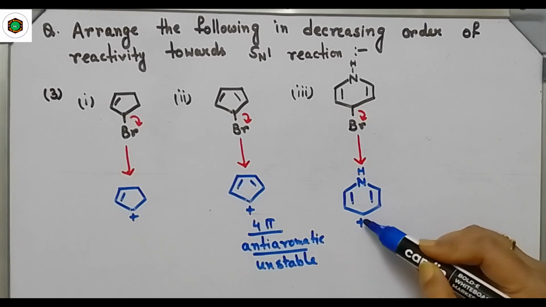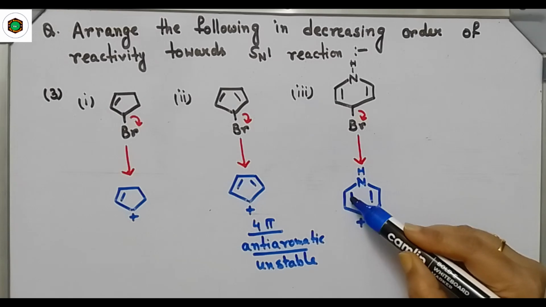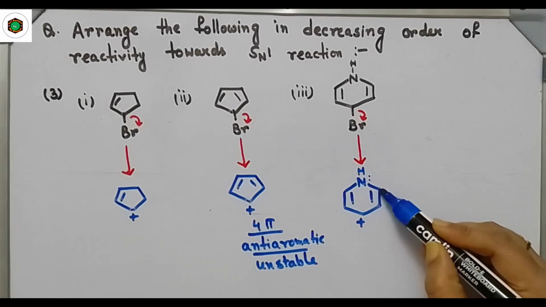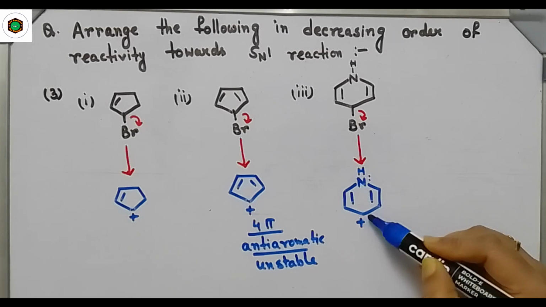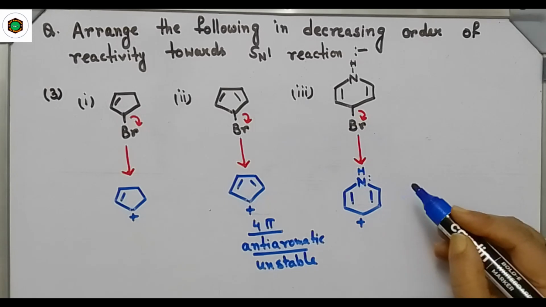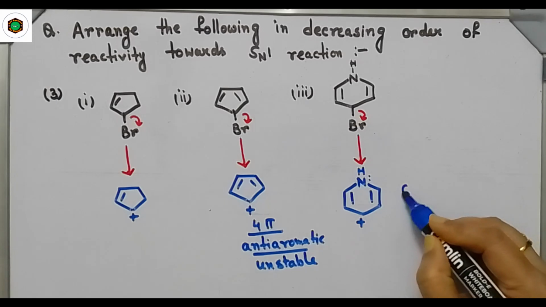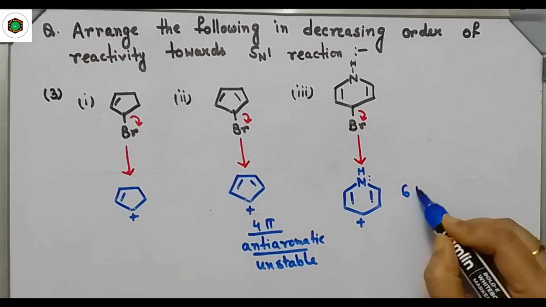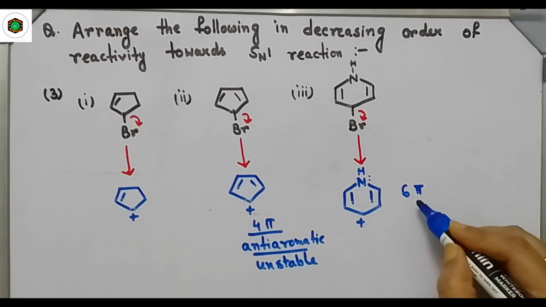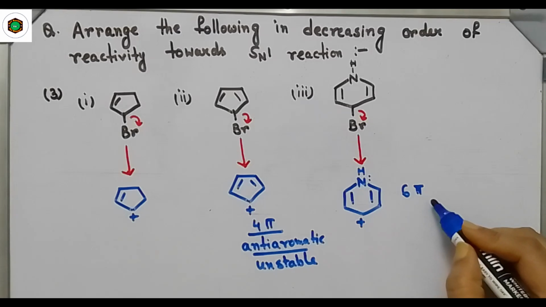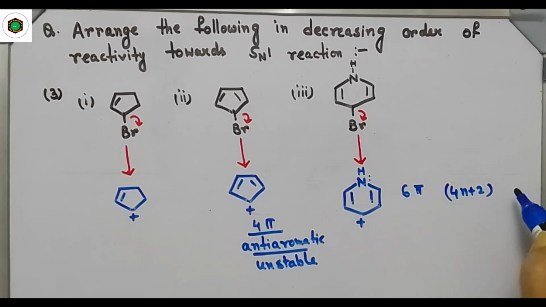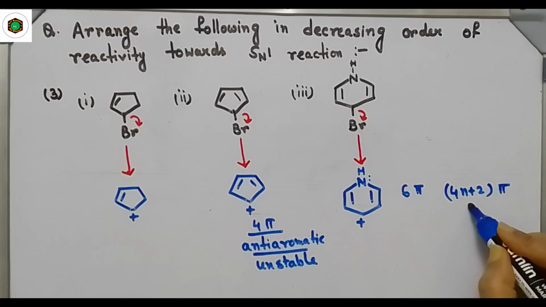And this carbocation: positive charge, single bond, double bond, single bond, lone pair on nitrogen, single bond, then double bond, then single bond, then positive charge. Fully conjugated system, cyclic, planar, and it is having 6 delocalized pi electrons. So it is cyclic, planar, having 6 delocalized pi electrons, which means it is having Huckel's number of pi electrons where n is equal to 1.